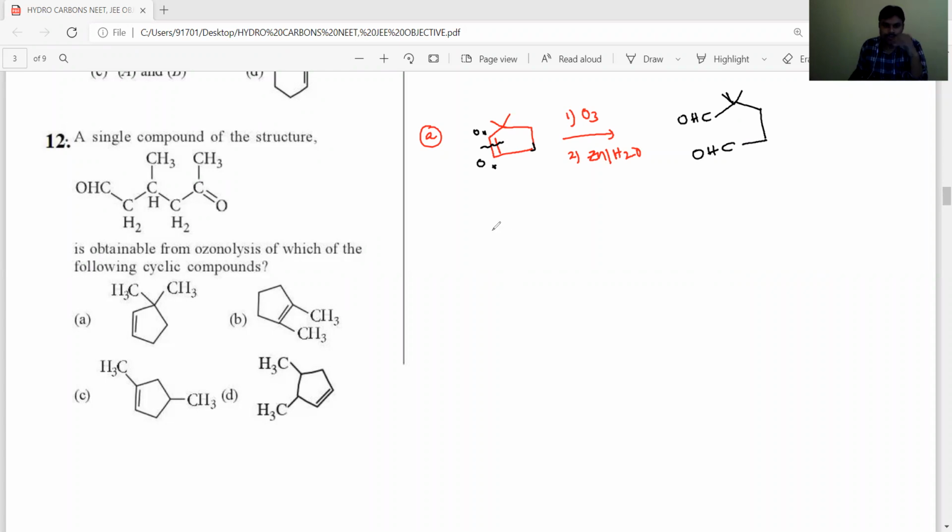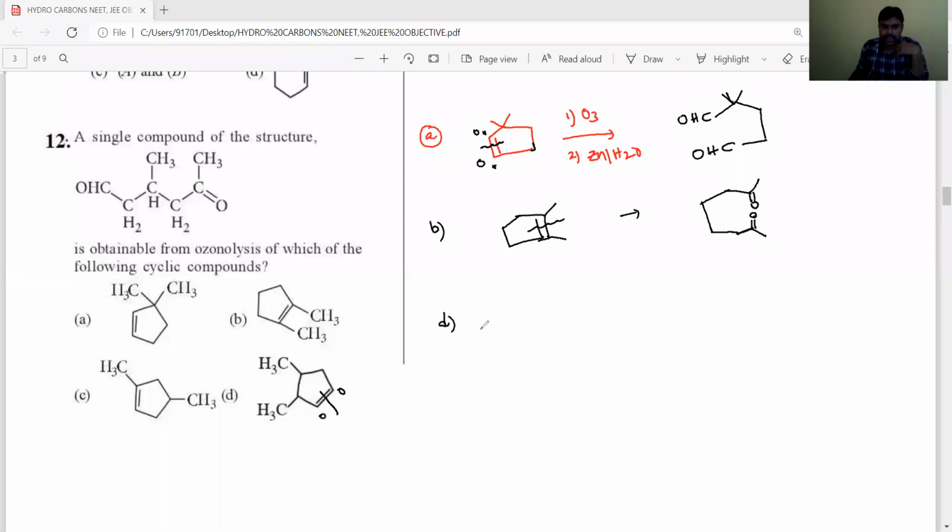And the second option, if you see, both sp2 carbons are disubstituted, so on breaking we'll get two ketones. Two keto products will form. And the third option is already written. And the fourth option, when you break it, the product is like this.